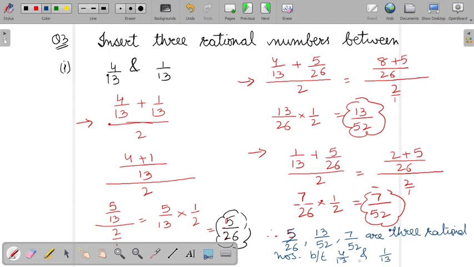So like this you can find infinite rational numbers between any two rational numbers.